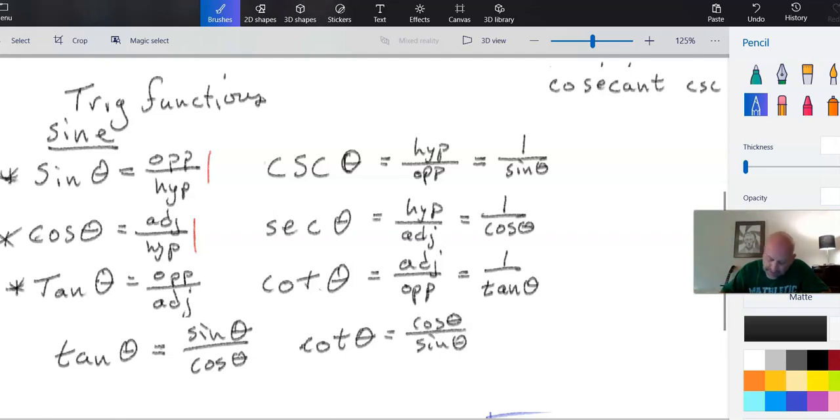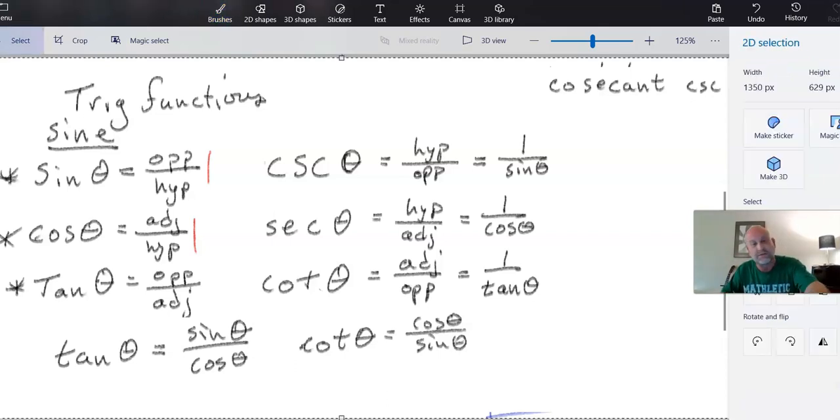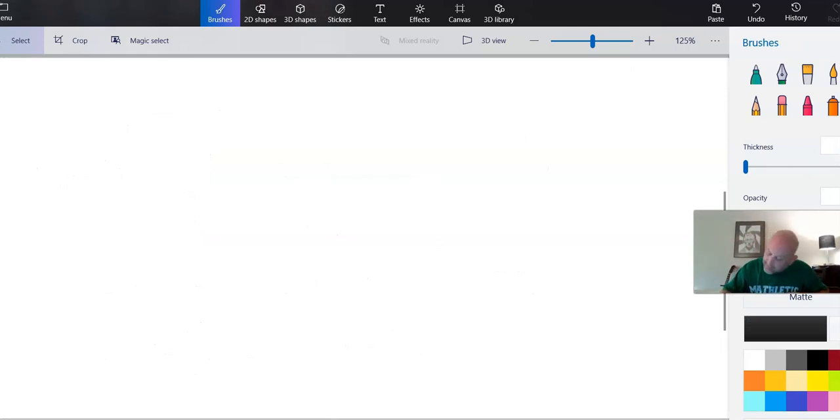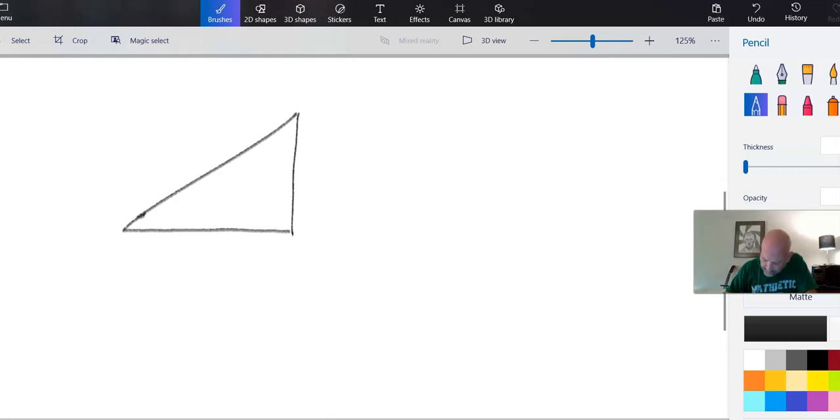So let's go ahead and clear this off here. Okay, so here's one of the types of exercises you may see. Let's say I have a right triangle, and I know a couple of sides of this triangle. I know this side is 5. This side is 2.